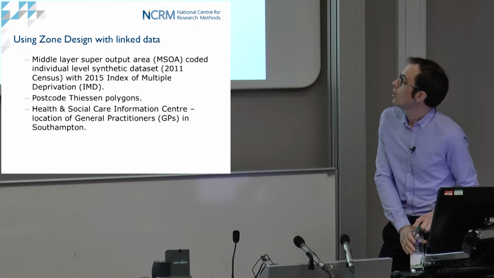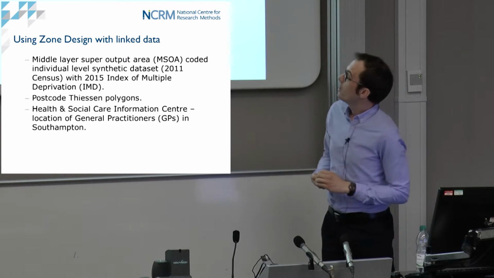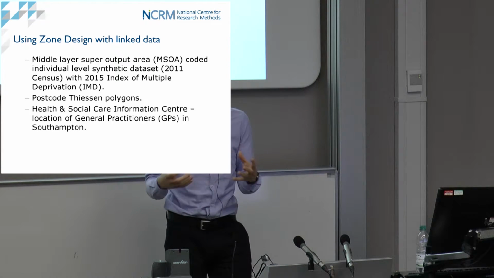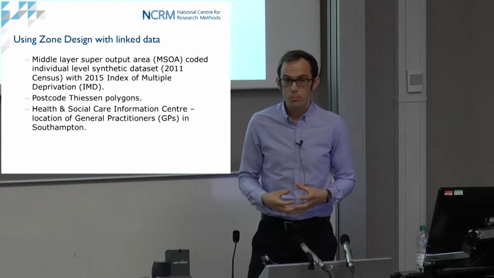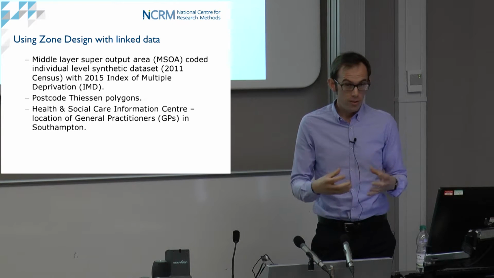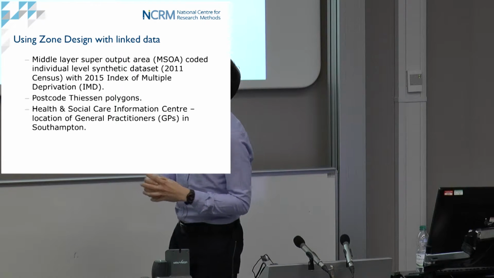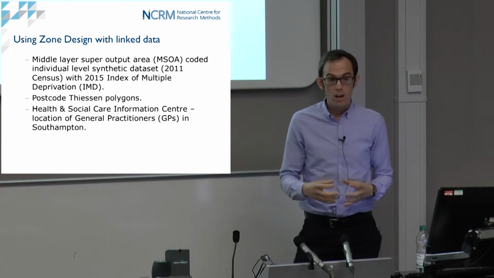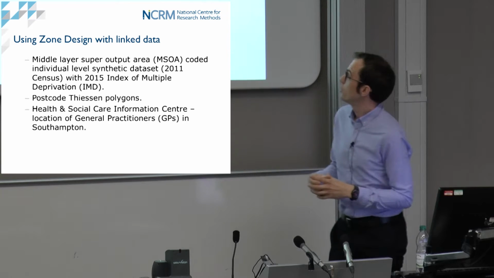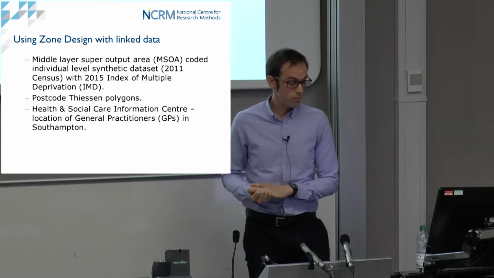So in this specific example, which I'll talk you through today, we're using MSOA coded individual level synthetic data. So this is a data set which has been created using a 2011 census geography and 2011 census data, where we're creating a set of synthetic, so artificial households at an existing census geography of the MSOA, and also using the postcode locations.